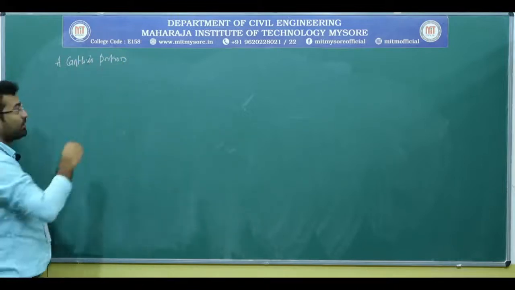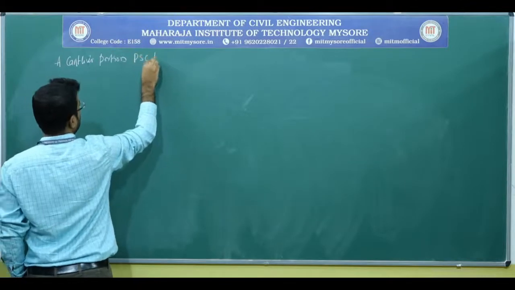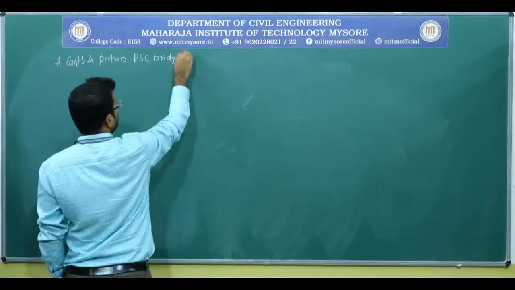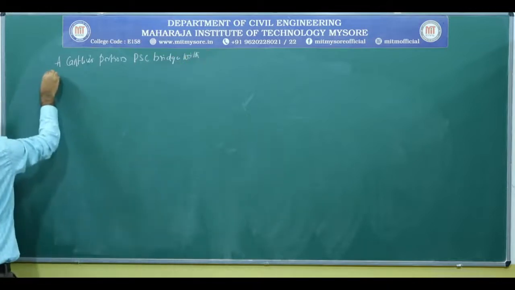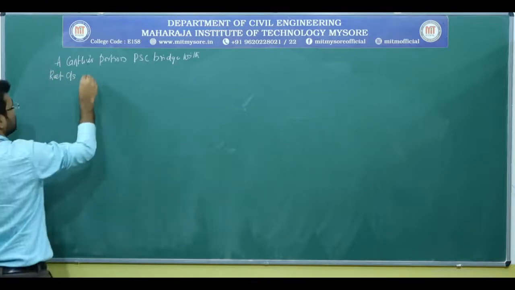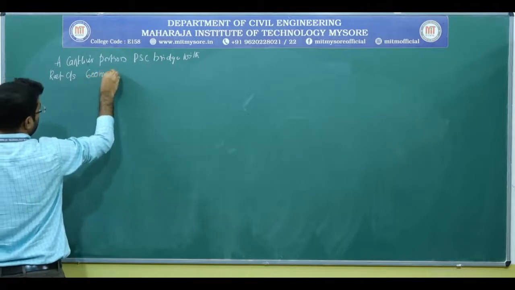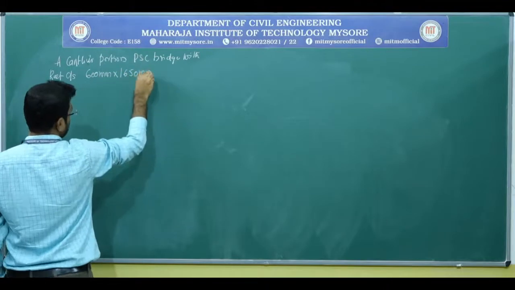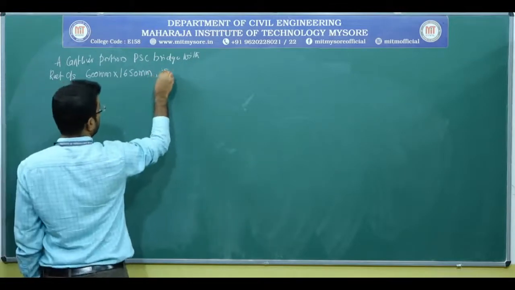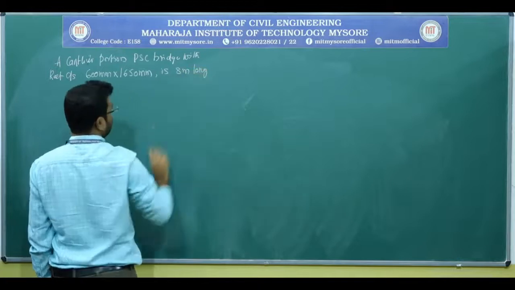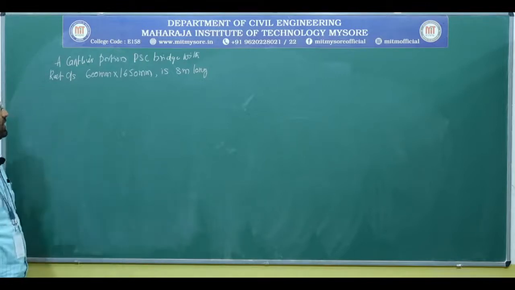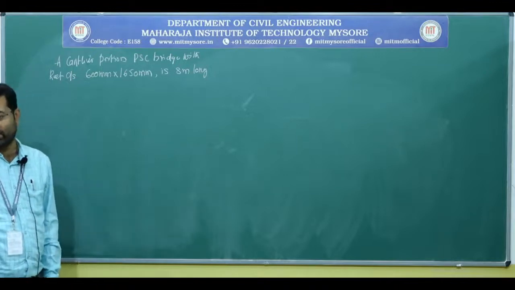A cantilever portion of a PSC bridge with rectangular cross section 600 millimeter into 1650 millimeter, and the length of the cantilever beam is about 8 meter.